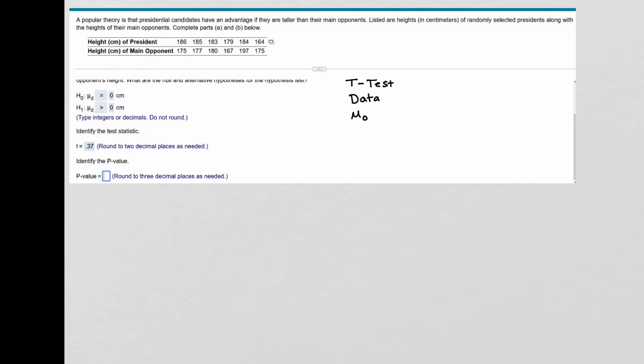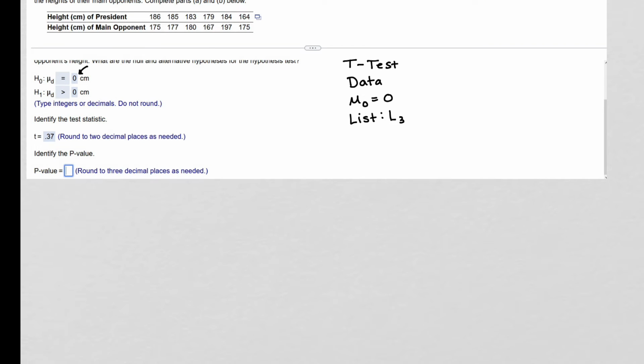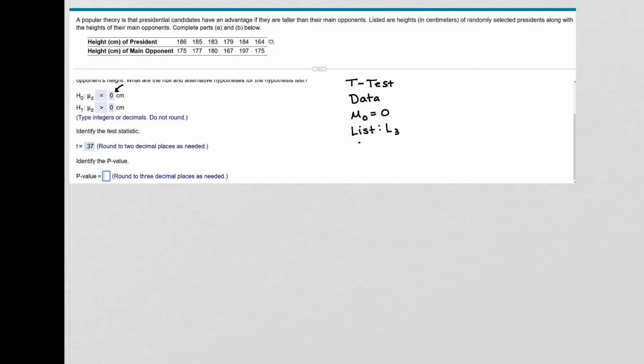The value of mu 0 is 0 because that's the value from the null hypothesis. And because we chose data, it's going to ask us for the list, and that is L3. So it's important that you have the correct list in there. And then underneath that, it'll say frequency, and we just want that to be 1. You should just be able to skip over that.